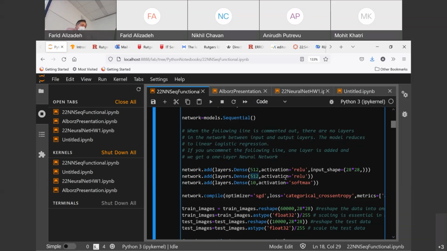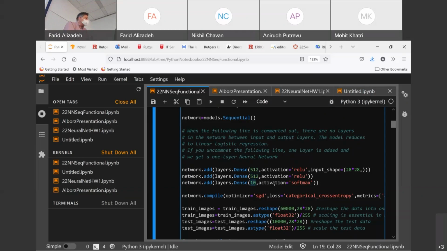So here I have two middle layers, and then the last output layer. This is a classification problem, right? The output could be 10 different things. You have to decide whether it's the picture of a 0 or a 1 or a 2, etc. So the output size is 10.